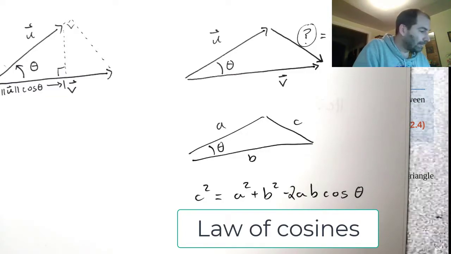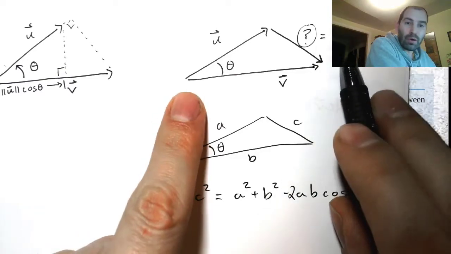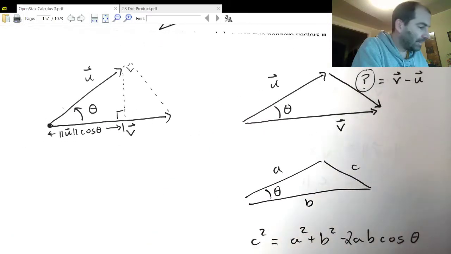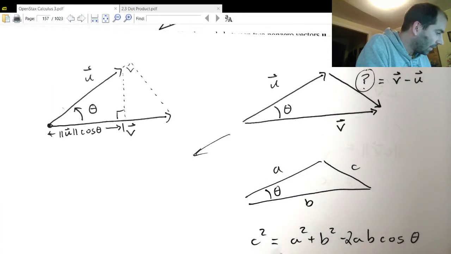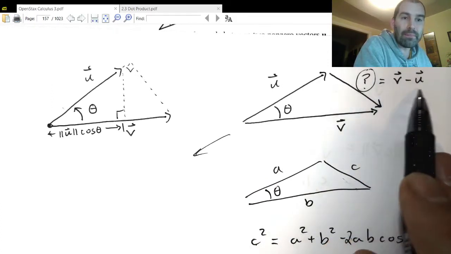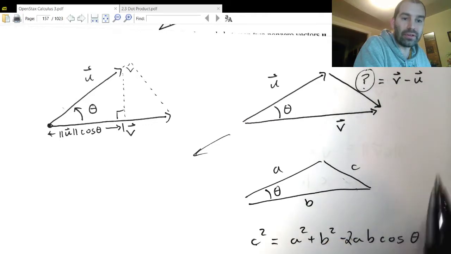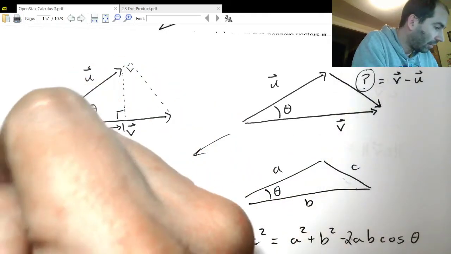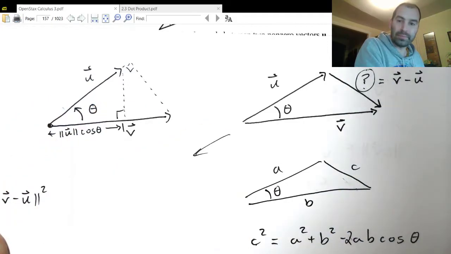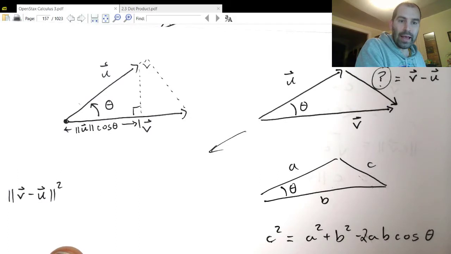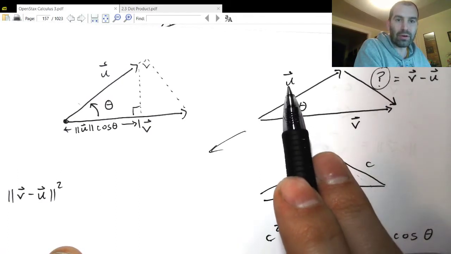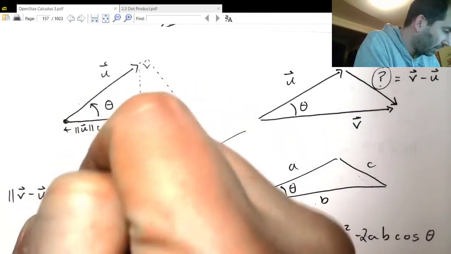Well, what is this in terms of what we have written up here? C is the length of this side. That's the magnitude of this vector. I'm taking C squared, so I'm going to take the magnitude of that squared. And then I've got the sum of the squares of the other two sides, so I've got the magnitude of u squared plus the magnitude of v squared.